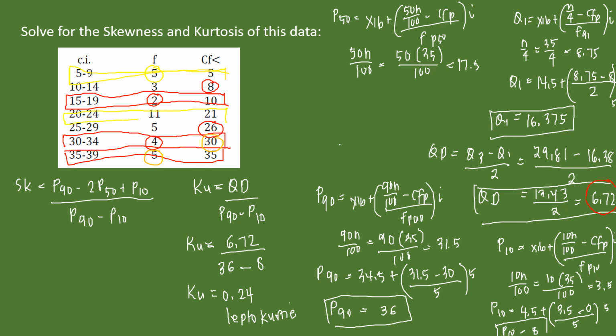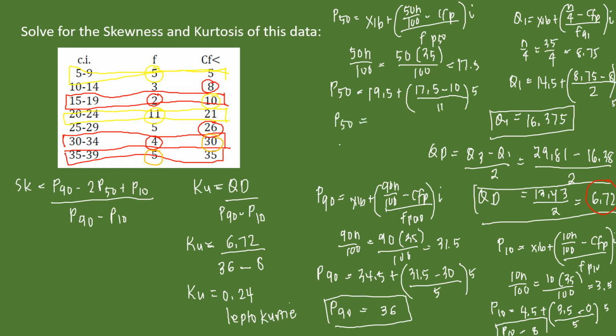So this is our P50 class. So I'll encircle 10, that's a CFP, and 11, that's the frequency. So P50 is equal to 19.5 plus 17.5 minus 10 divided by 11 times 5.